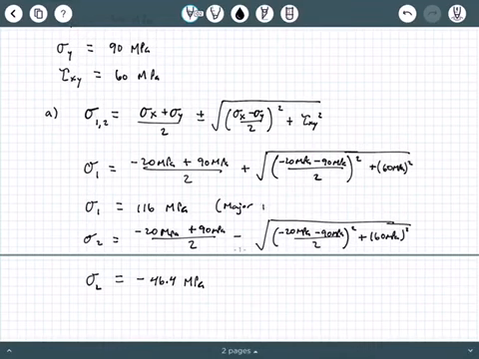So notice it's pretty much the exact same term. It's just that you have a negative in front of the square root instead of the positive. So when you punch this through, I get a negative 46.4 MPa. And again, make sure you get the same number I got. So those are your principal stresses.